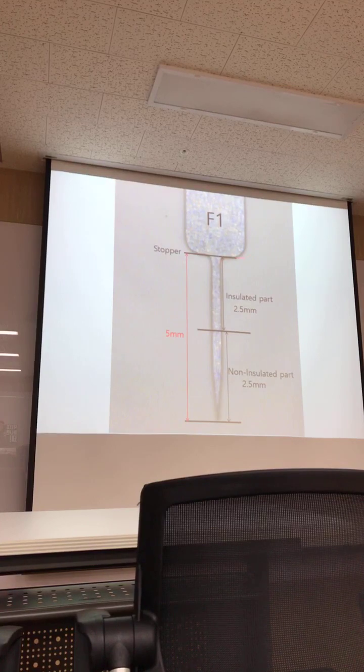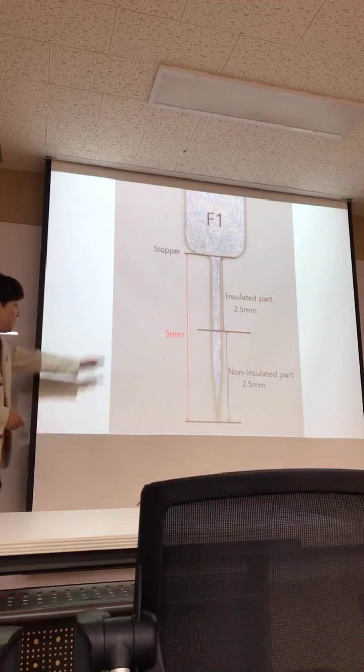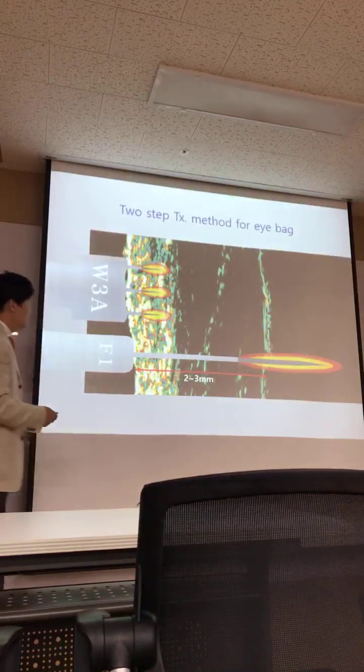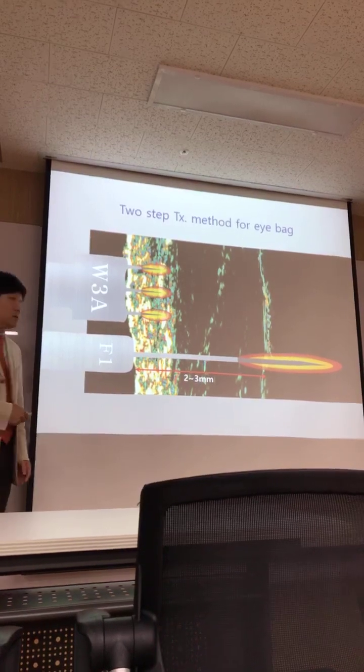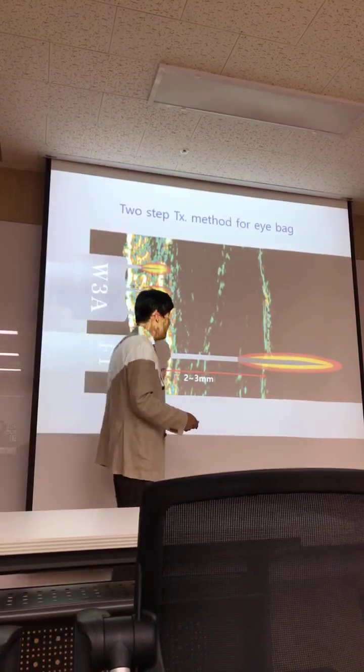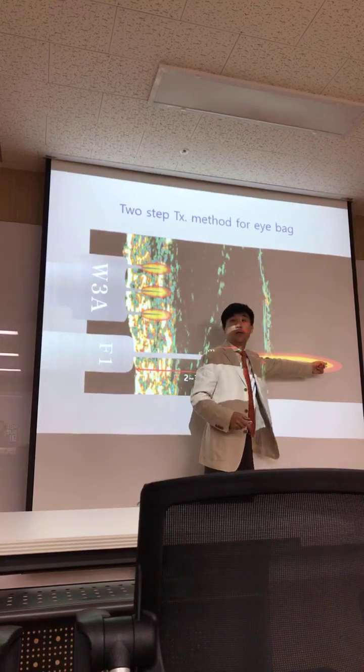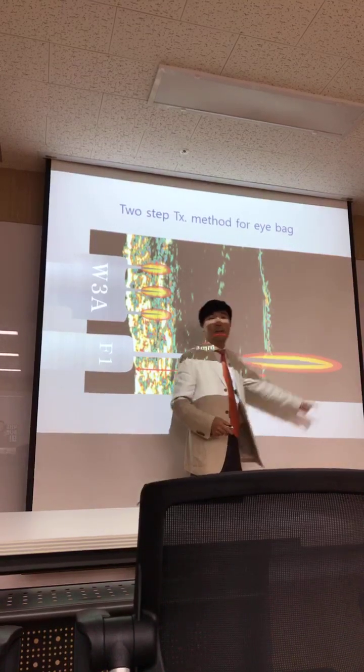The needle length is 5 millimeters, very long, and the upper 50% is covered by insulation and the lower part is non-insulated. The reason I made it 5 millimeters is the distance from the skin surface to the orbital septum is 2 to 3 millimeters. So this 5 millimeter needle can penetrate into the fat pocket and melt down the fat.